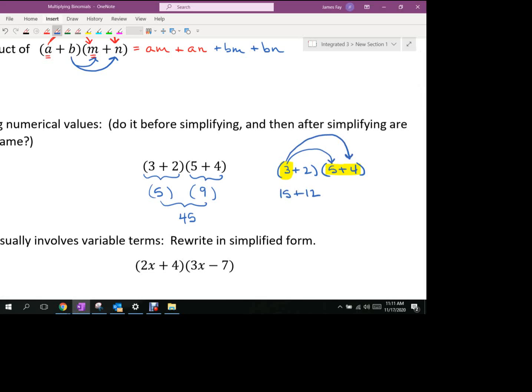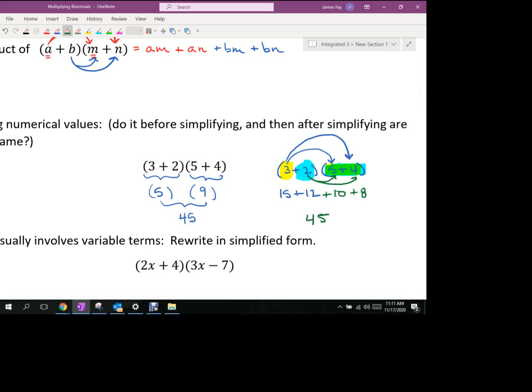So that was distributing that first part. Now let's distribute the second part. Let's take that plus 2 and multiply it by those two things. What's 2 times 5? 10. What's 2 times 4? 8. So now what's 15 plus 12? 27. Plus 10 would be 37. Plus another 8. Same 45, correct?